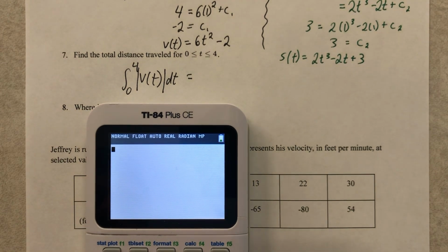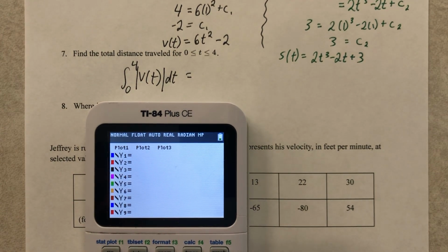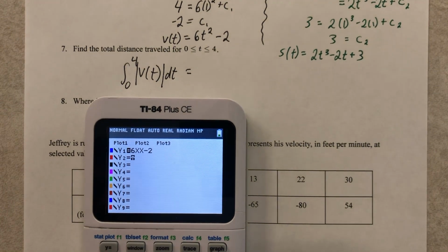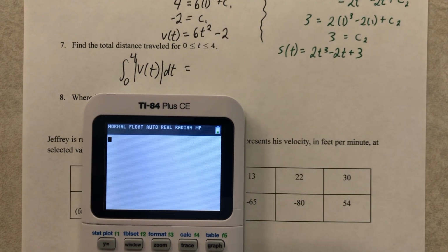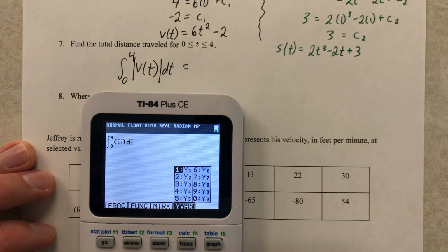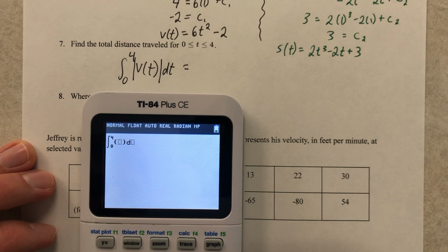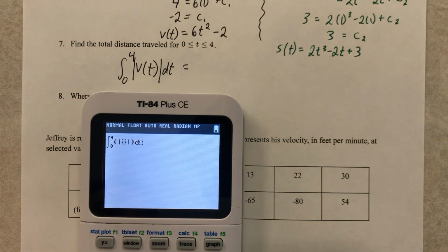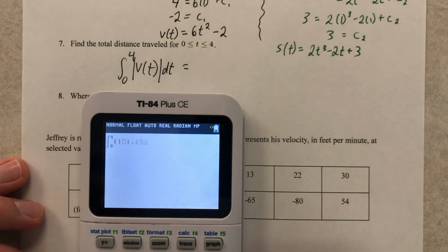We get the integral of 6t squared minus 2, math 9, 0 to 4. Oops, jumped the gun there. Math, absolute value. There we go. And Y1.